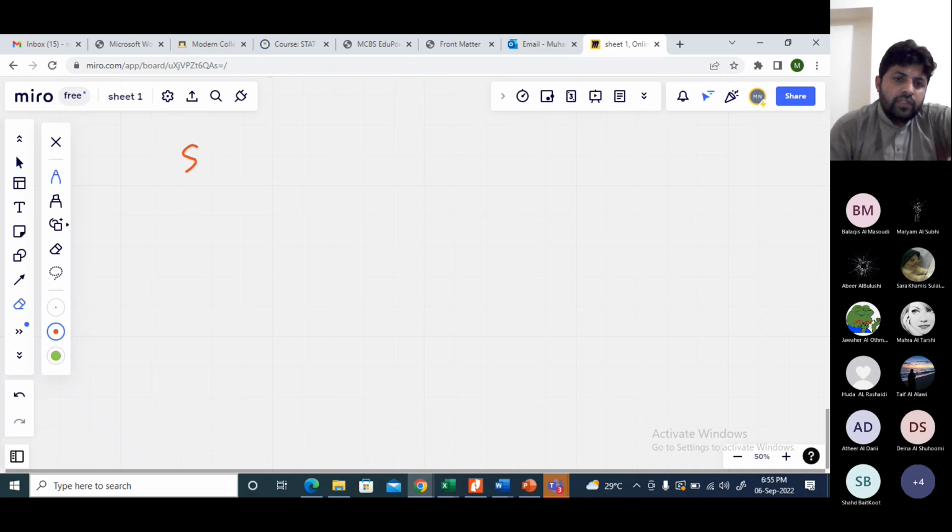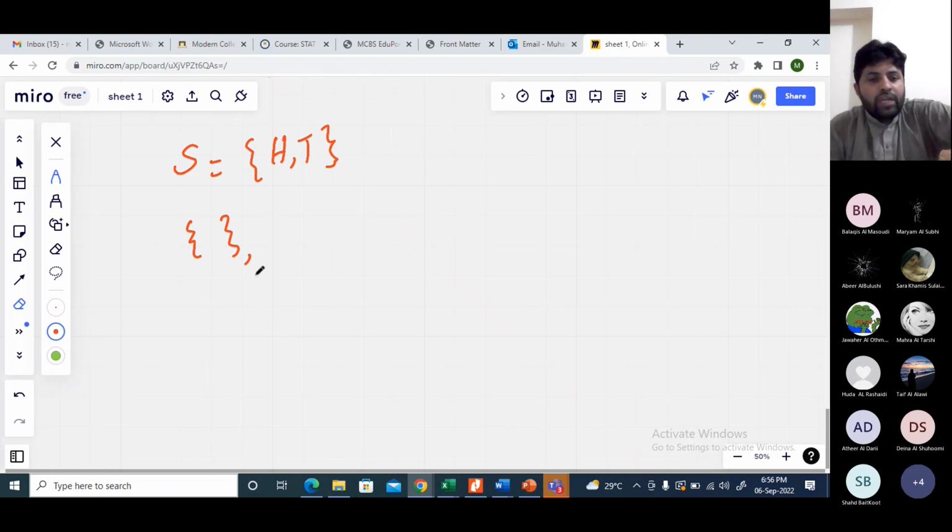For example, we have the sample space, head and tail. You know that the null set is a subset of every set. We have written the experimental outcomes in the form of a set. Now we are trying to make the subsets. Head is also a subset of this set.